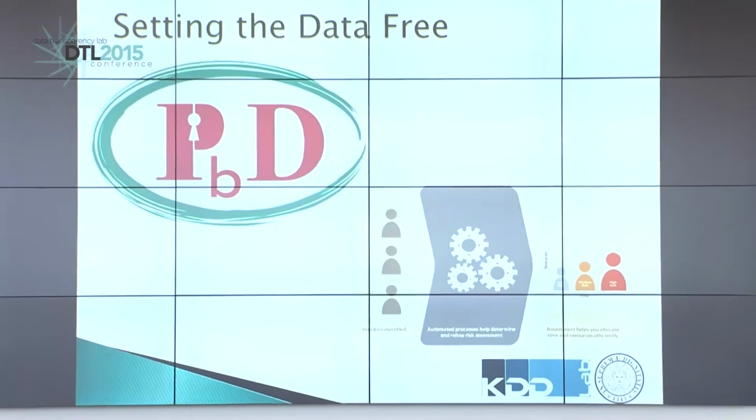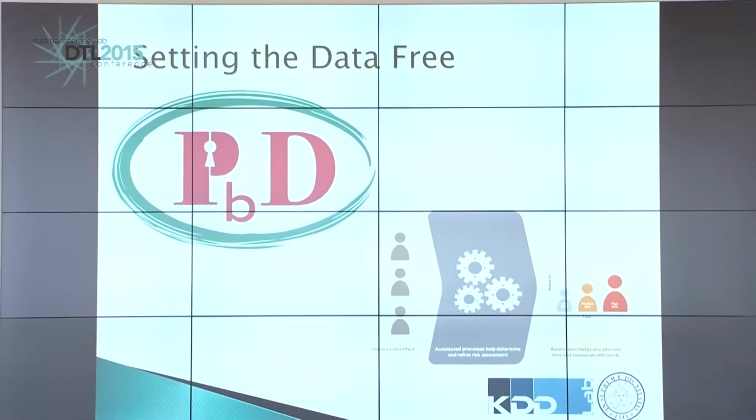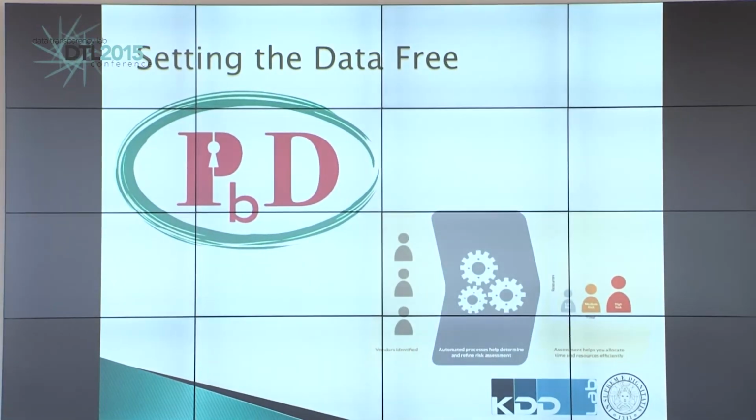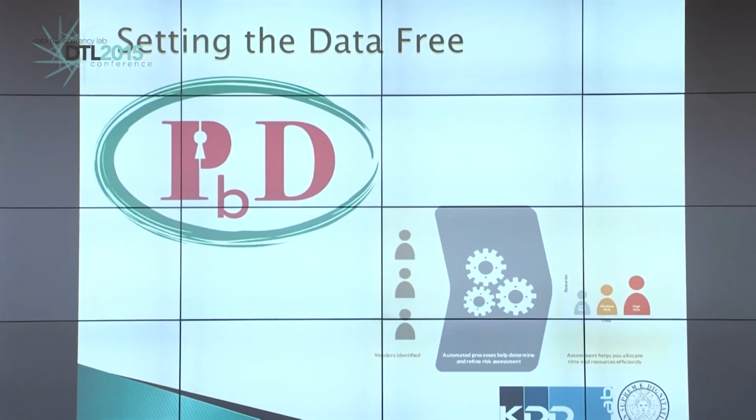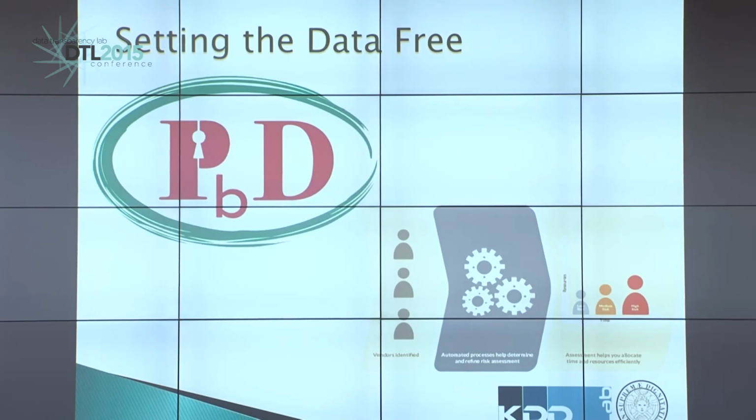The second idea is risk assessment. In our case, the privacy risk assessment aims to classify a set of users based on their risk, for example, their risk of being re-identified.